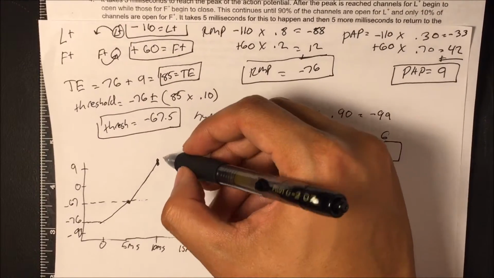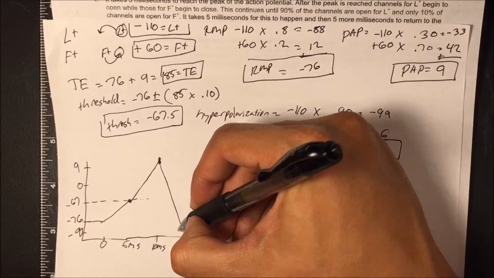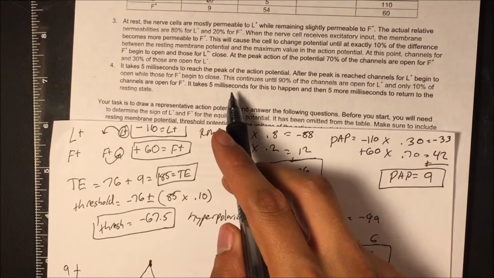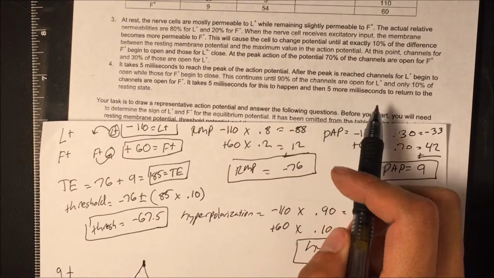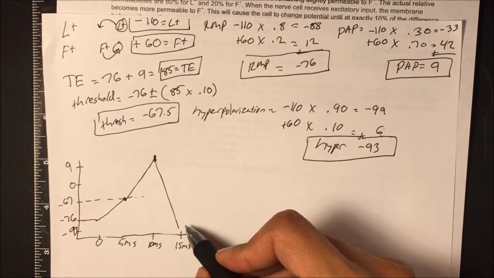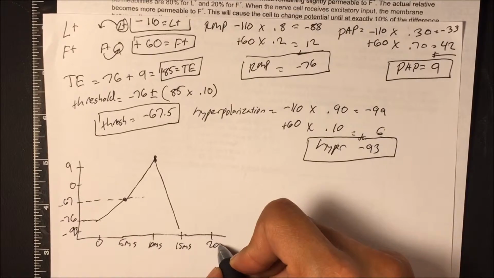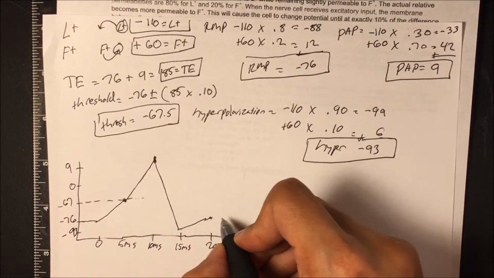So at the 15 millisecond mark, we're going to be at negative 93. And also, it takes 5 milliseconds for this to happen, and then 5 more to return. So after hyperpolarization, 5 more milliseconds, it'll come back to negative 76.